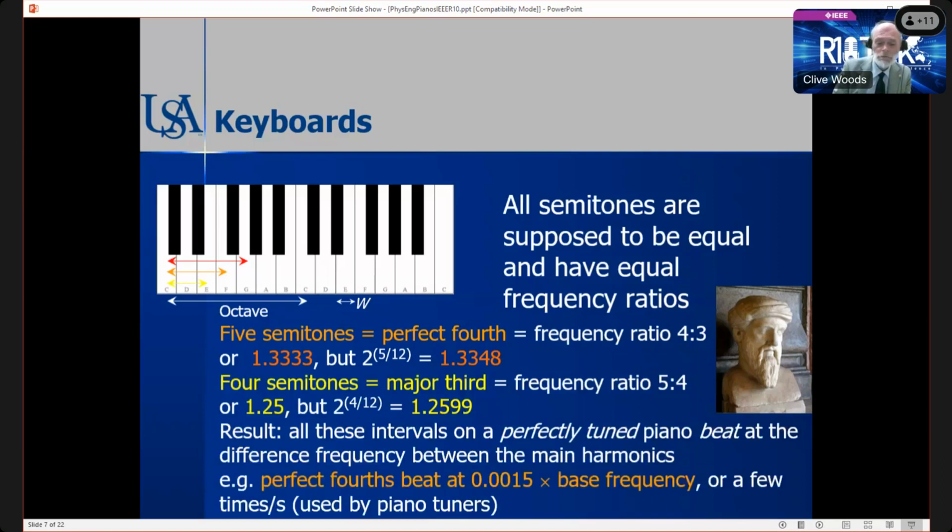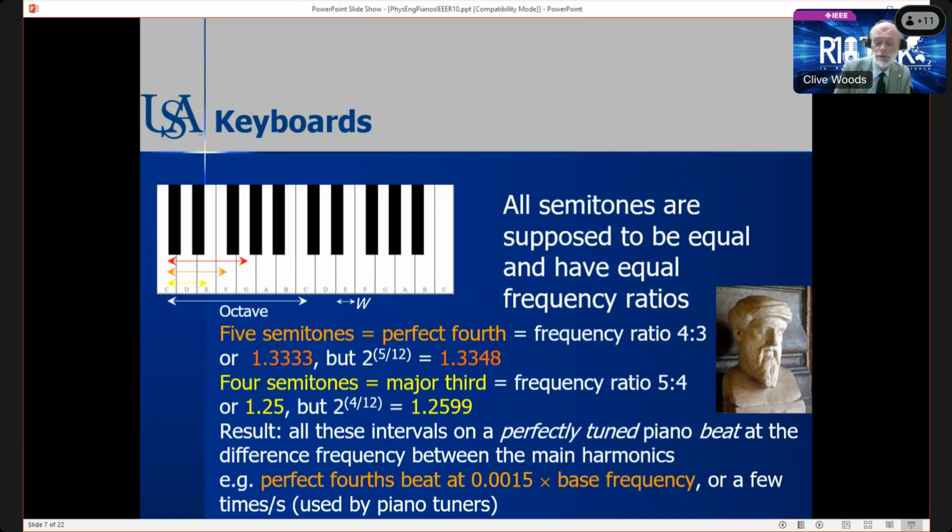In fact, piano technicians use the beats between the harmonics of intervals like thirds and fourths, and listen to the beats. They know what a perfectly tuned piano should beat at for those particular intervals, and they use that phenomenon to tune the notes on a piano to within 1 hertz.